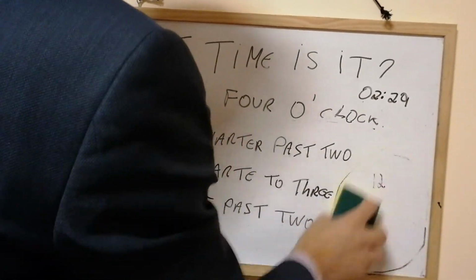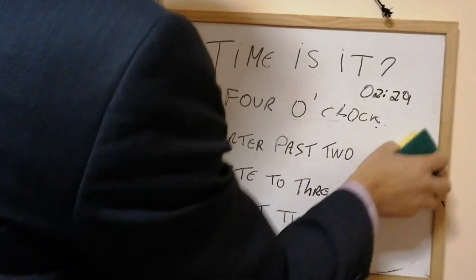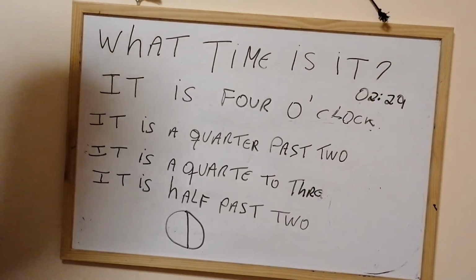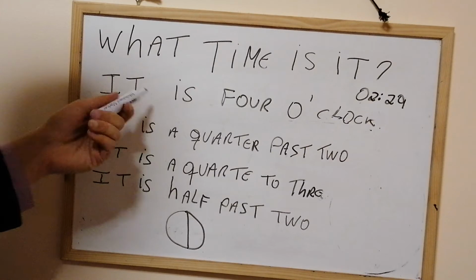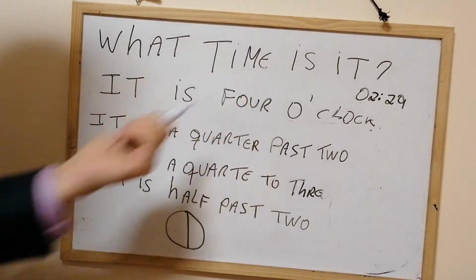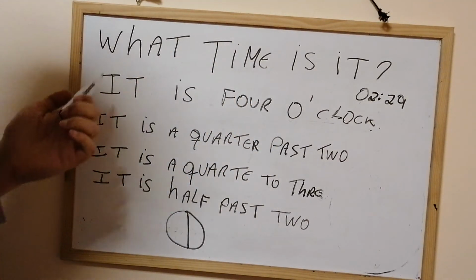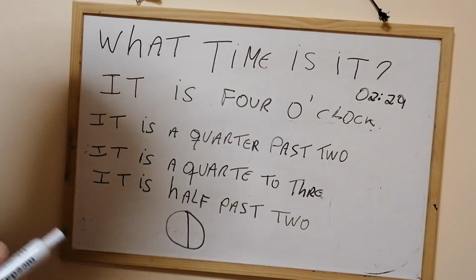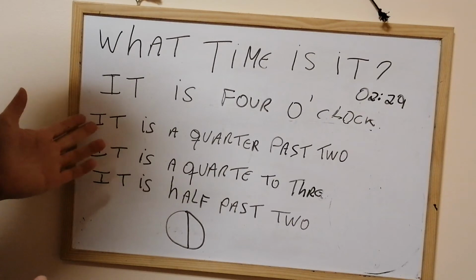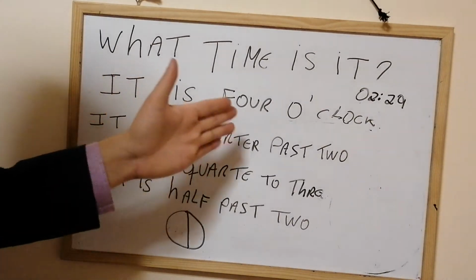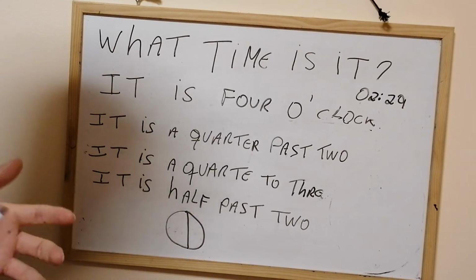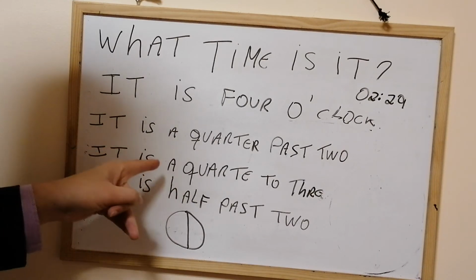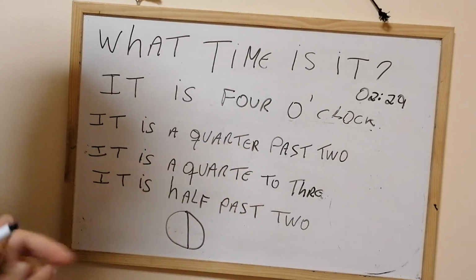Okay, I'm gonna clean the clock here so you can practice the time. Okay, what time is it? It is 4 o'clock or 2 o'clock. What time is it? It is 2:15, 2 hours and 15 minutes. Or you can say it is a quarter past 2. What time is it? It is a quarter to 3.